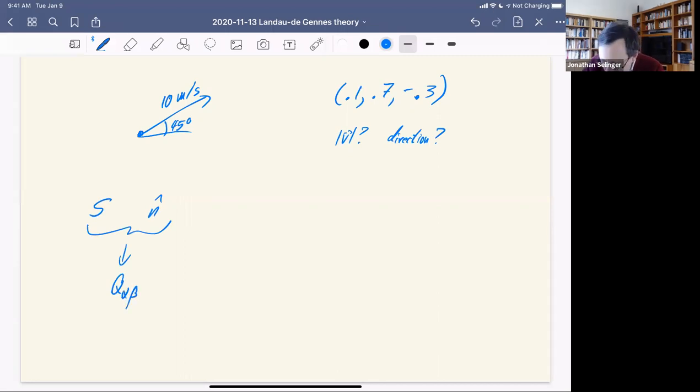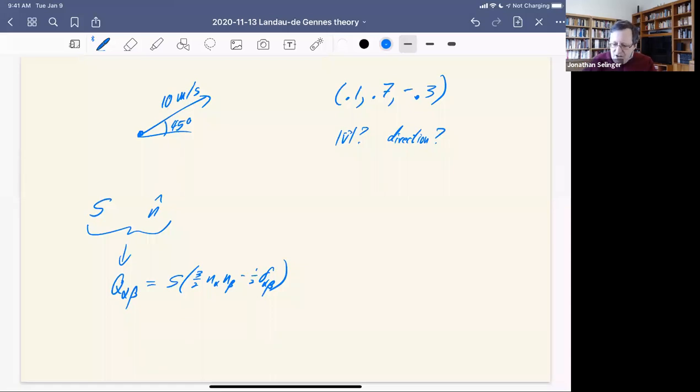And you figure that out by just S times (3/2 n_alpha n_beta minus a half delta_alpha beta). So this would count as an easy final exam problem, to work out what are these nine components of the Q tensor.